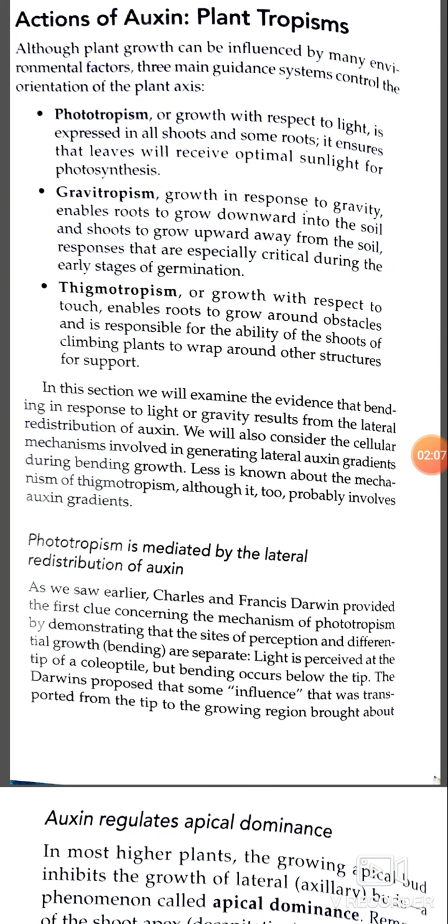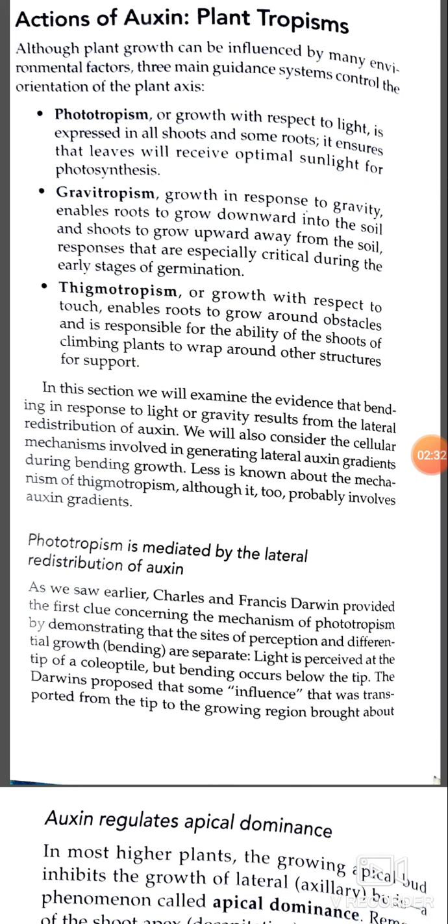Thigmotropism, or growth with respect to touch, enables roots to grow around obstacles and is responsible for the ability of the shoots of climbing plants to wrap around other structures for support.